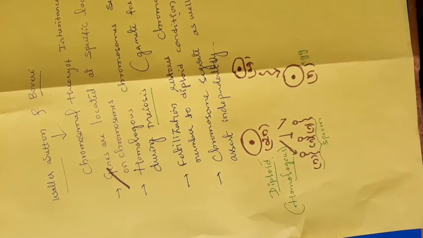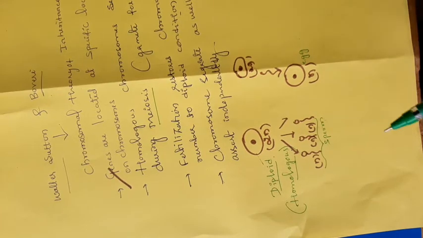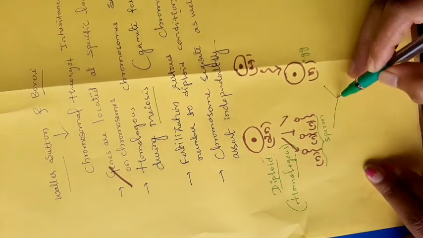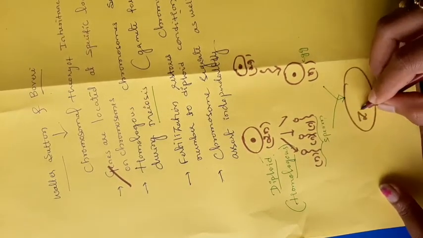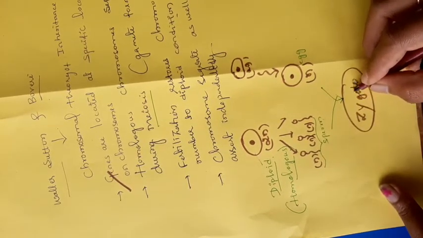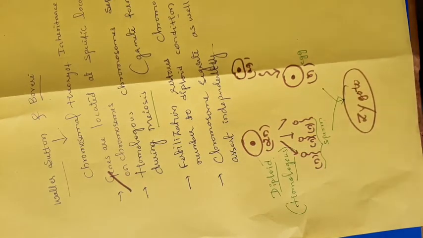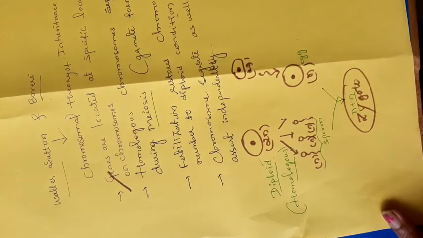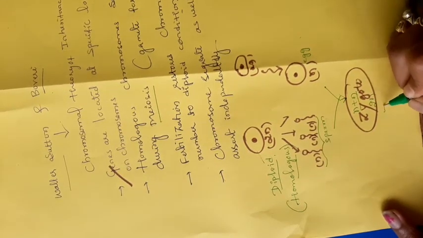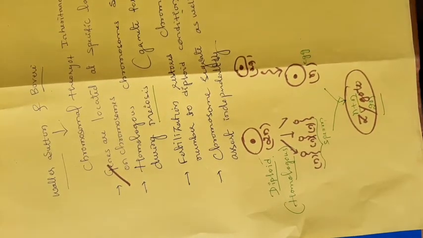During gamete formation, the diploid number is reduced into haploid. But after fertilization, the zygote is formed by the fusion of male and female gametes, meaning n plus n, haploid with haploid, so the diploid condition is restored.